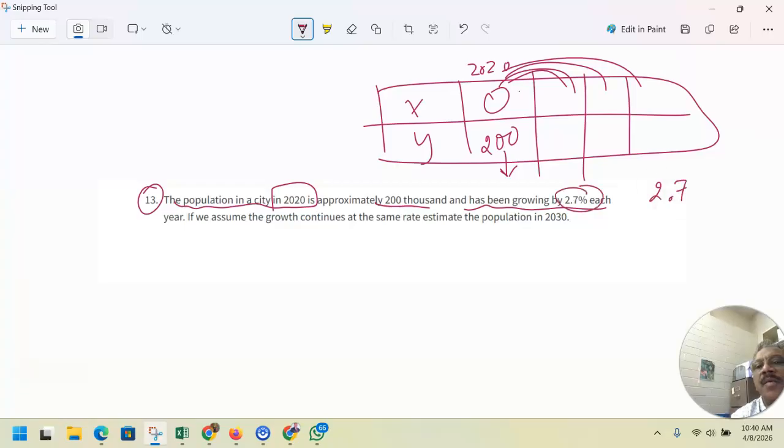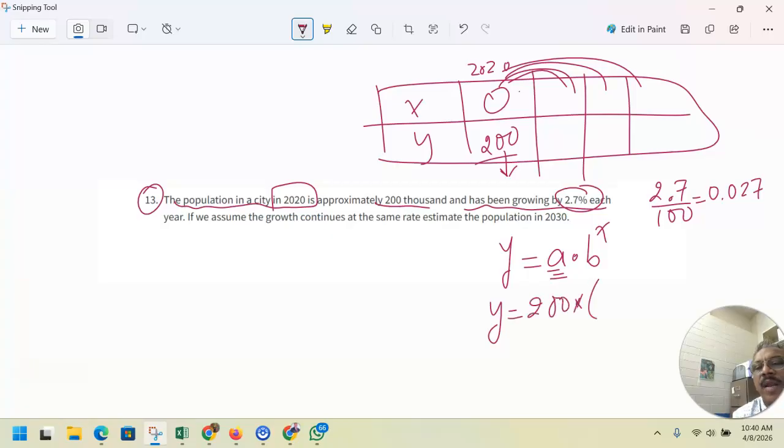What does 2.7% mean? Divided by 100, it is 0.027. The equation is y equals a times b raised to x. The a is the initial population, which is 200. All you need to know is the growth factor, the b part.